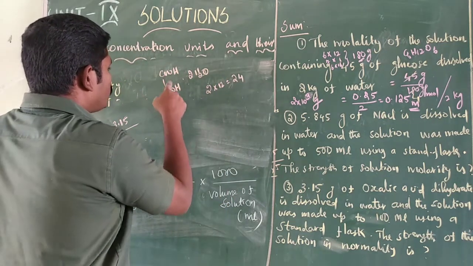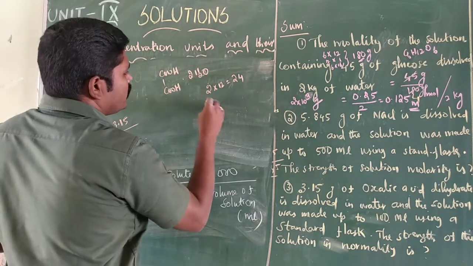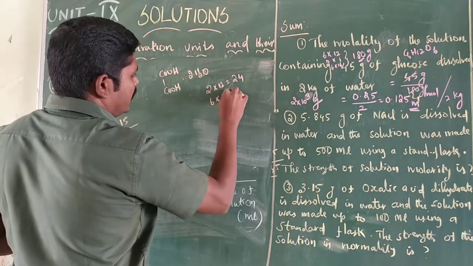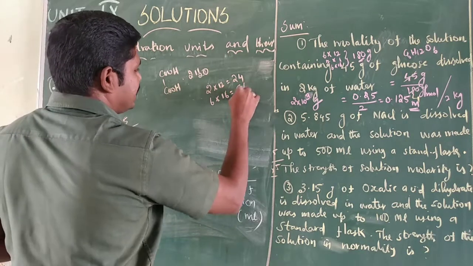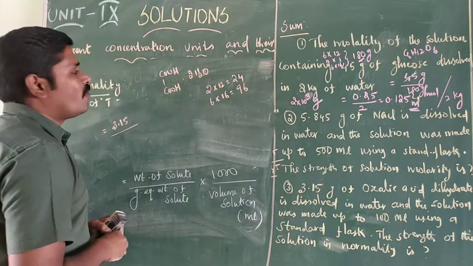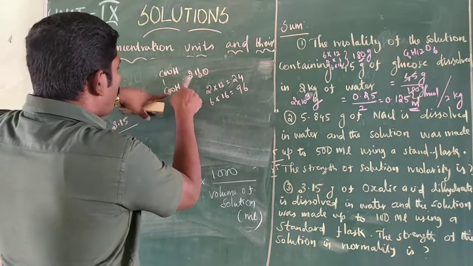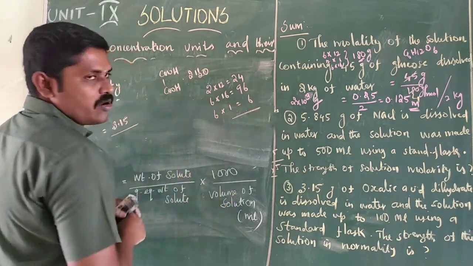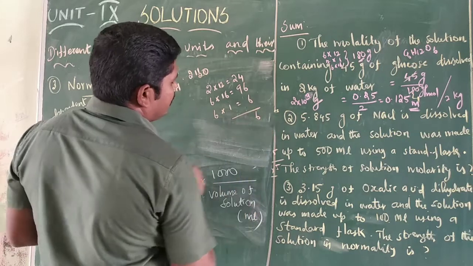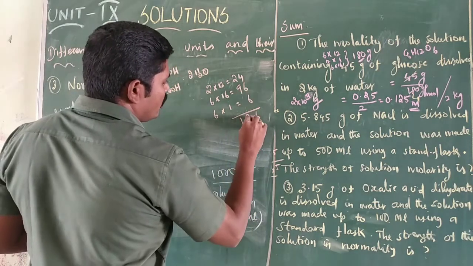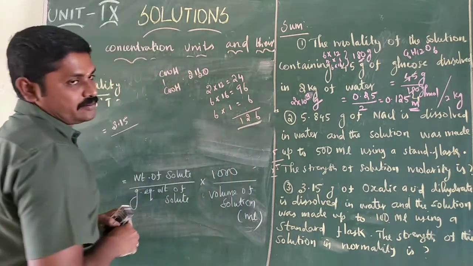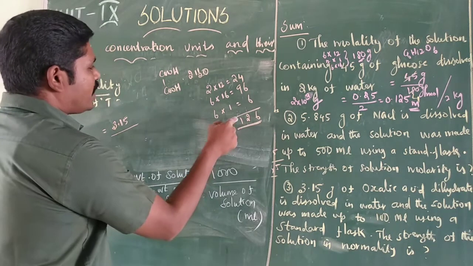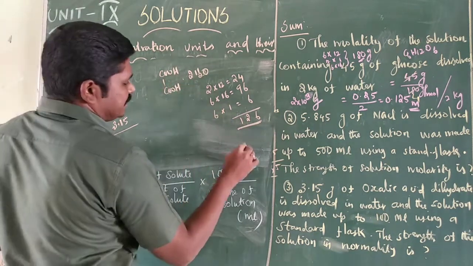Oxygen: 1, 2, 3, 4, 5, 6, so 6 into 16 is 96. Then hydrogen: 6 into 1 is 6. So 126. The molecular mass of oxalic acid dihydrate is 126.